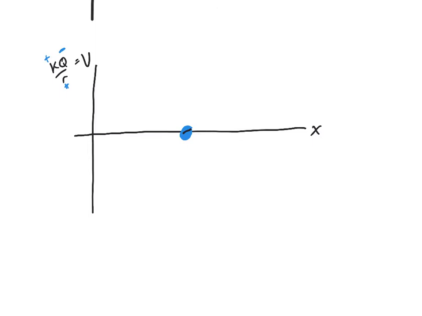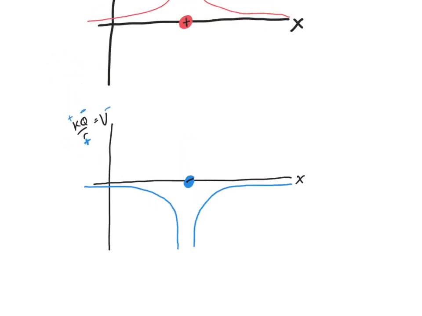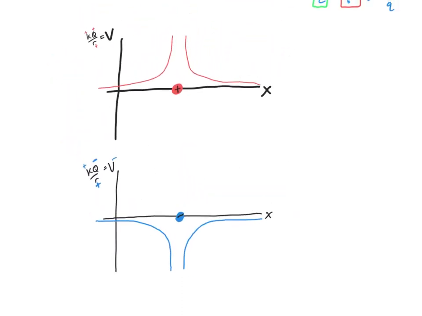As such, this will only create negative voltages, and it'll be in the shape of a hyperbola on both sides. So really we're looking at a mirror image of what we had for the voltages for the positive charge. Mirror image.